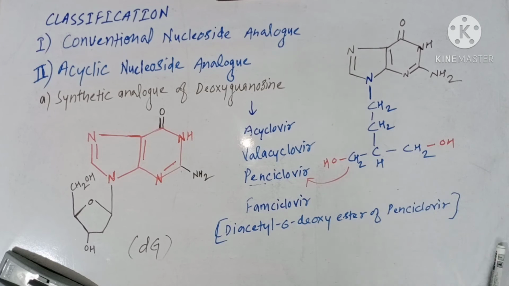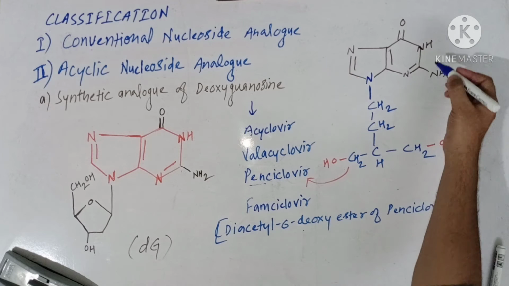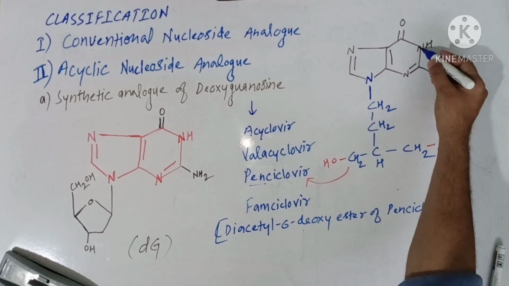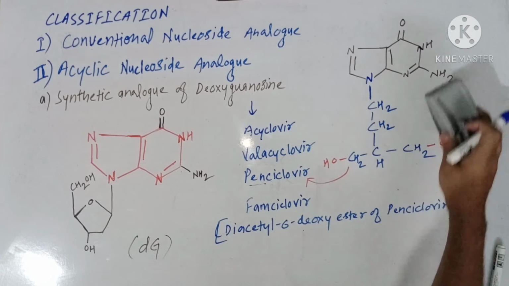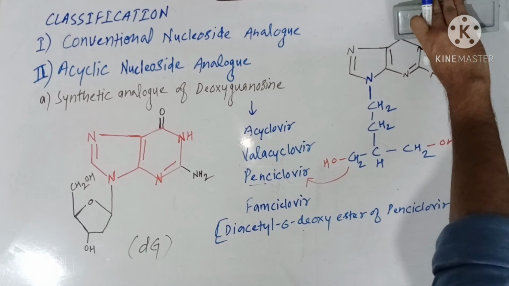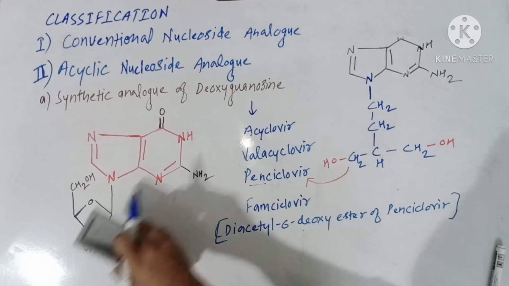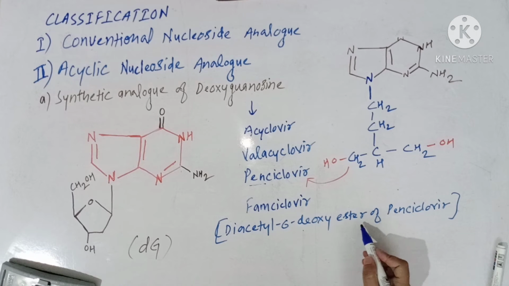So this is the structure of penciclovir. 6-deoxy means this is the first atom, second, third, fourth, fifth and sixth. Means in famciclovir the oxo group is not present here. 6-deoxy ester of penciclovir.